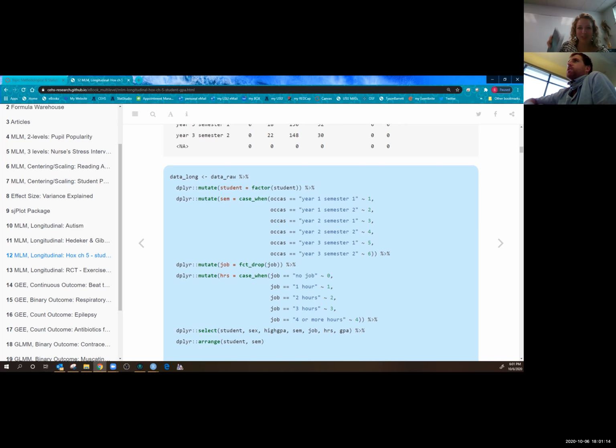Yes, there's a whole chapter on that in Hox's book. Oh, there is in this book? Yes. I was just trying to picture what becomes the levels in a meta-analysis. I didn't know there was a chapter, so I'll have to read it. It's chapter 11, actually.